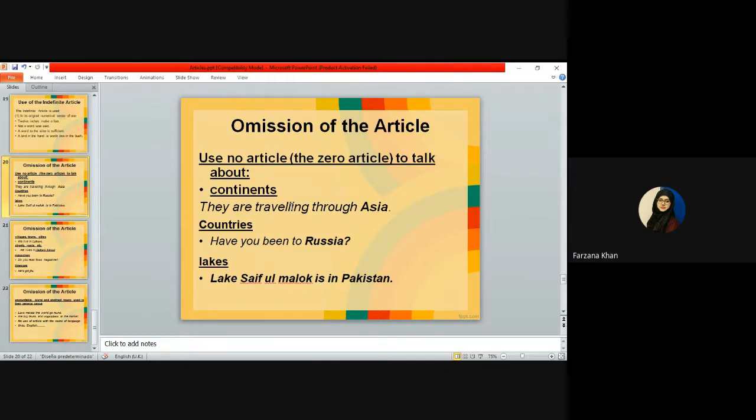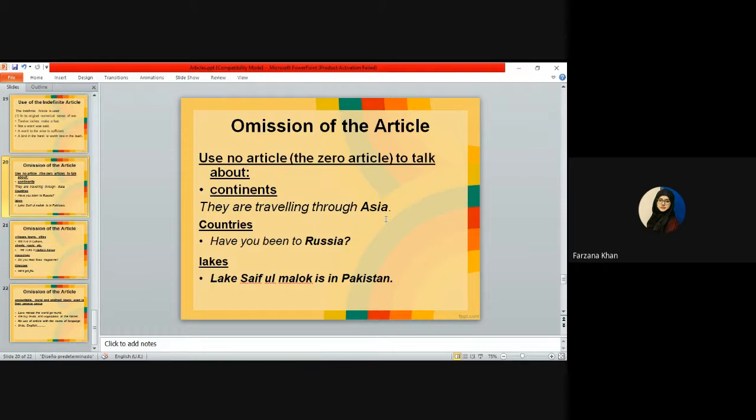What are the names of the continents? You are pretty clear: Asia, Africa, South America, North America, Australia. These are basically the names of the continents, which are proper nouns. So don't get confused that definite article is always used with proper nouns. No, definite article is not always used with proper nouns.